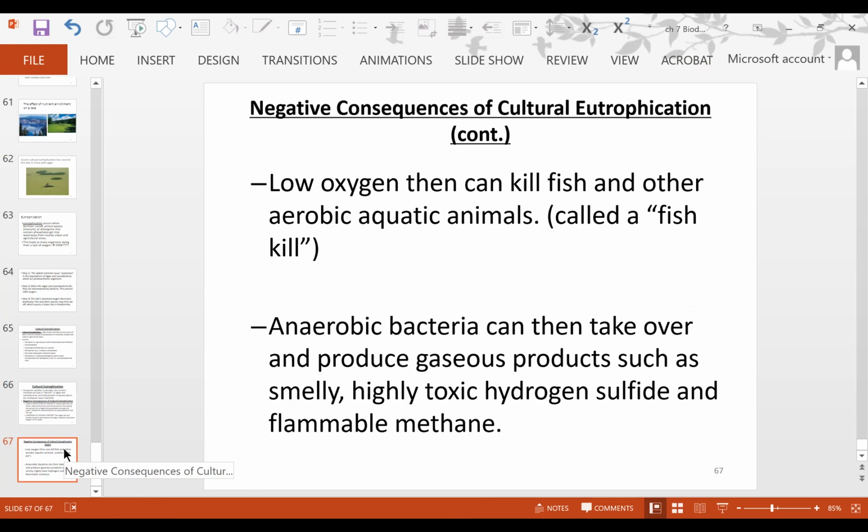And then that low oxygen in the lake can lead to fish dying and other aerobic aquatic animals, and we call that a fish kill. And then anaerobic bacteria can take over and produce gaseous products such as hydrogen sulfide and flammable methane.